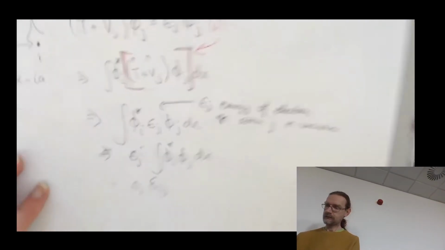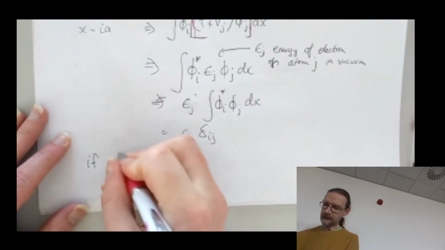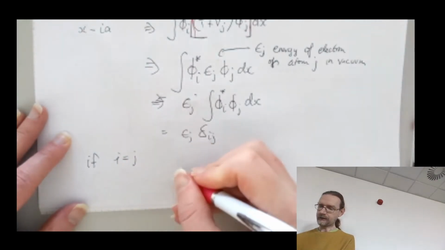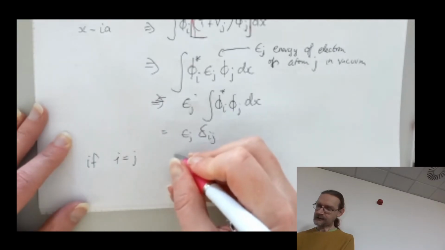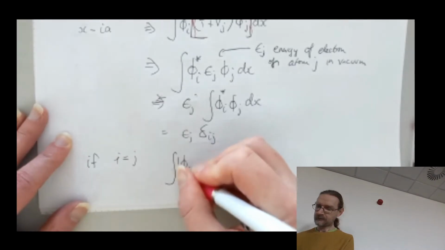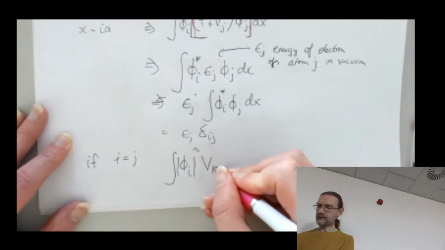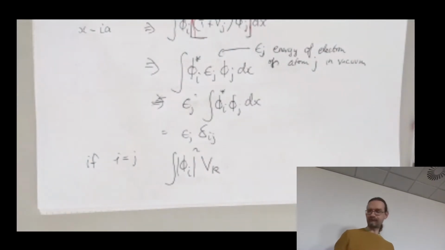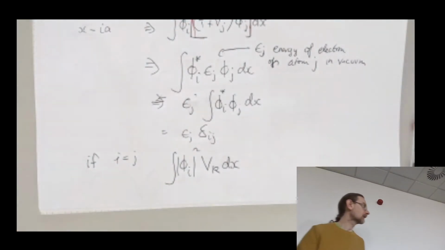So if I equals J, then I've got the integral of phi I squared times V_K. Because I is equal to J, I've got the same thing, so I've just got the square of these functions.